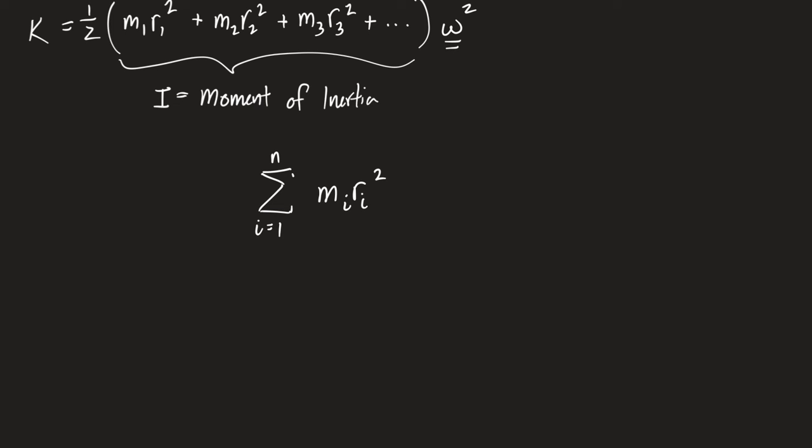It tells me that for each mass and each distance, I need to find each mass and distance, multiply it together in this way, and do that from the first piece of mass to the last piece of mass. Sound familiar? Summations are not things you may have used very often before. And if you haven't, I don't care. This is what's known as the point mass representation of moment of inertia.